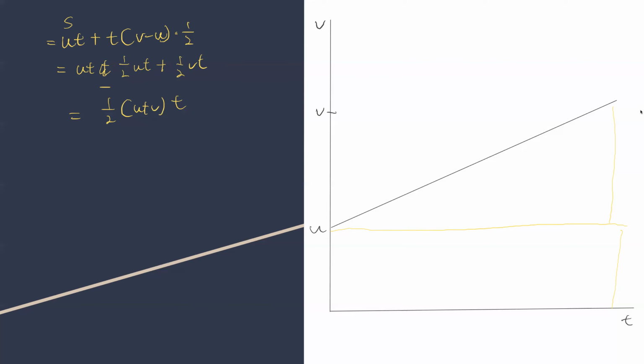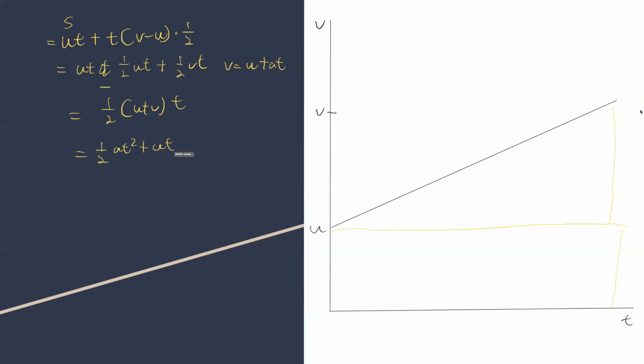And the other Suvat equation is really easy to see. I'm assuming you know this equation, v equals u plus at. It's quite intuitive. If you sub that in, you'll get half at squared plus ut.